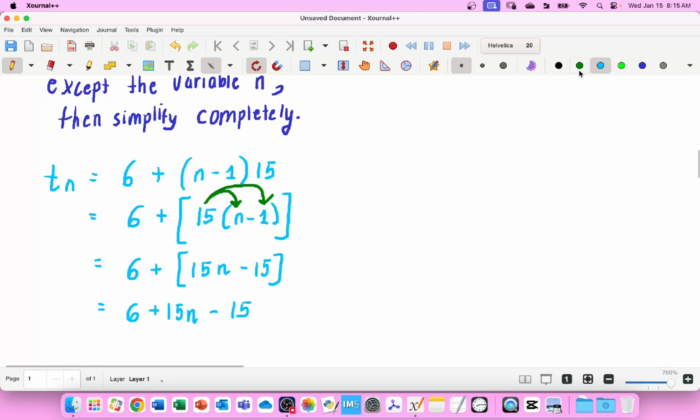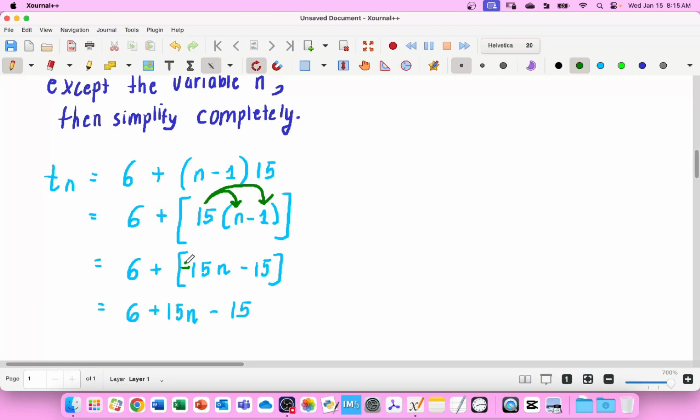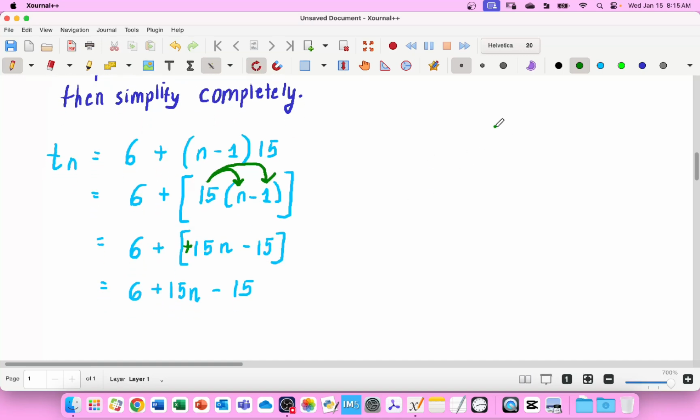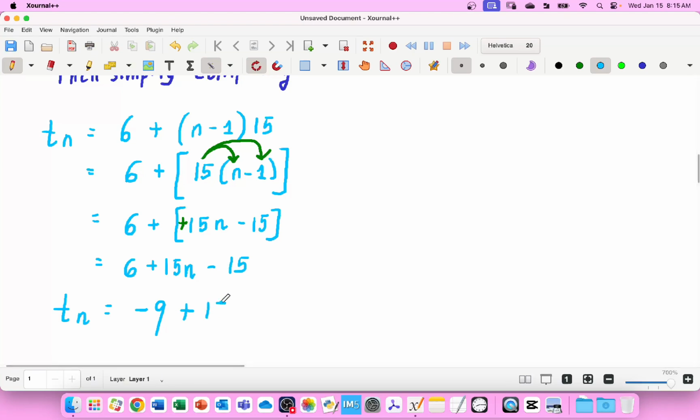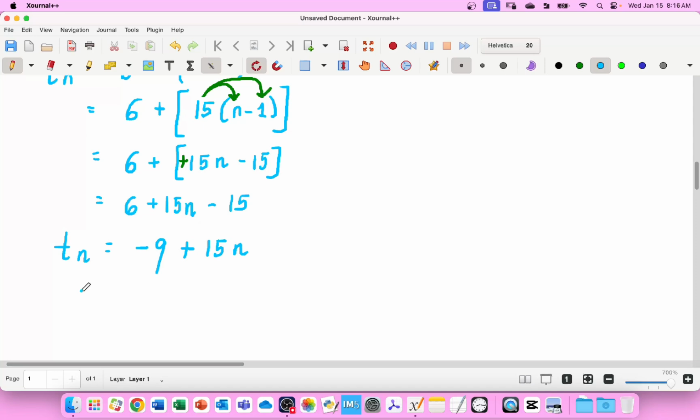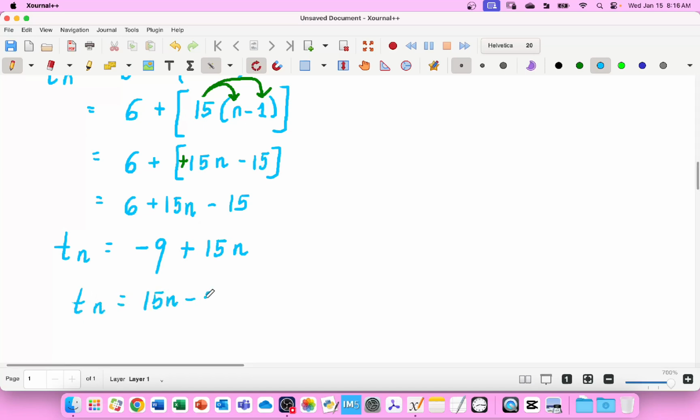Because it's a plus 15, plus is plus, minus is minus. So Joel's general term ends up being 15n minus 9.